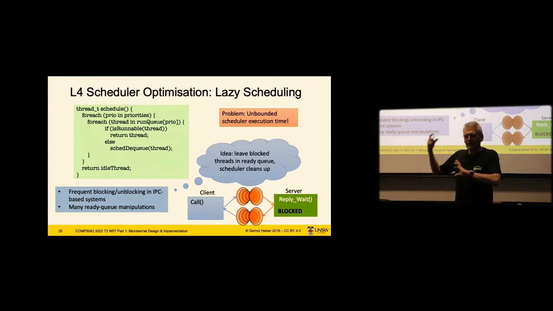And we can easily solve this problem by basically reversing the violation. So instead of violating the invariant that the ready queue contains only runnable threads, we maintain that invariant, but we don't maintain the opposite invariant, which means all runnable threads are in the ready queue.